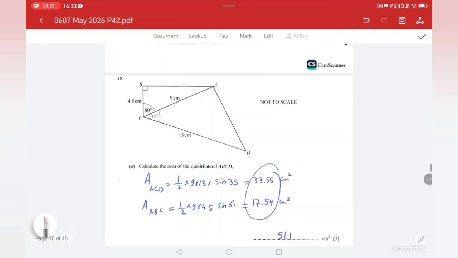So the nearest point from A to CD is usually the perpendicular line. Should be like that. So when they say the nearest point on CD, it means this one. It means here we need to find this one. So this one is P.